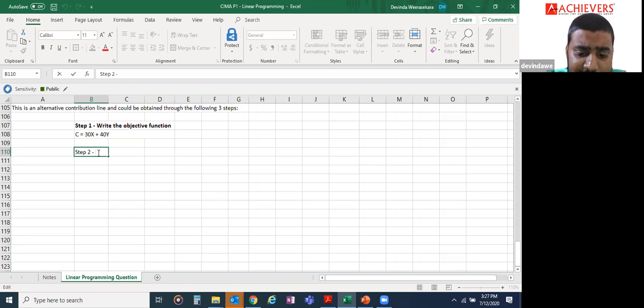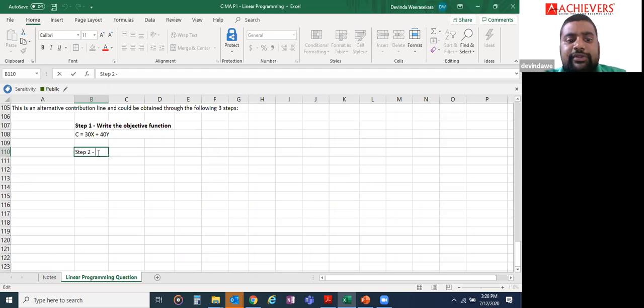This number should be either 10, 100 or 1000, one of these 3, keeping in mind that the ISO contribution line has to be drawn inside the feasible region of the graph.